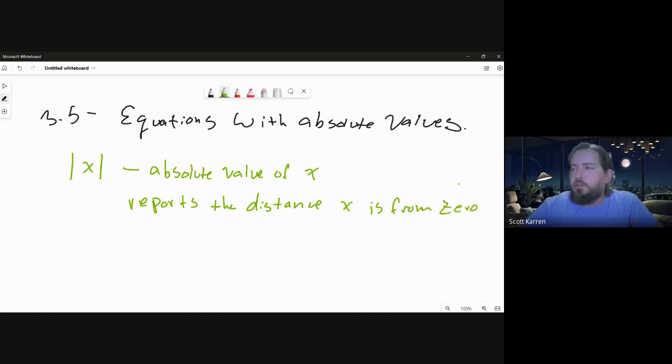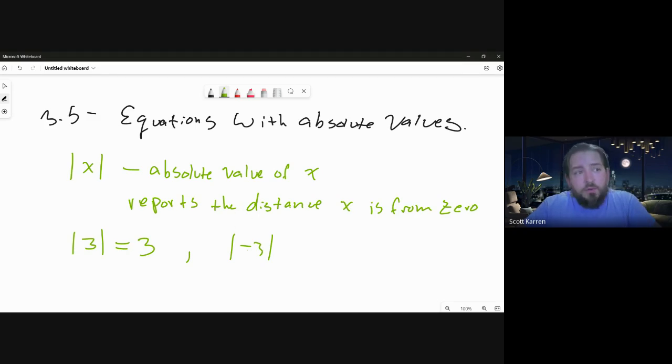It doesn't tell you direction. So the absolute value of 3: 3 is 3 units away from 0, so the absolute value of 3 is 3. Likewise, the absolute value of -3 is also 3 units away from 0 in the opposite direction, but we don't worry about direction.